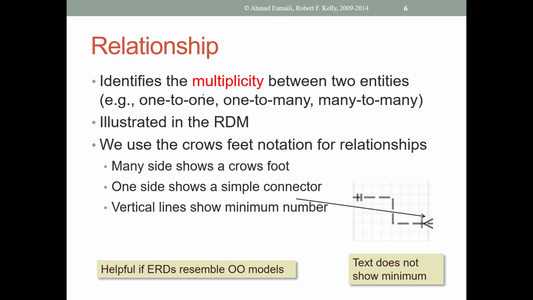Now, as I mentioned, the multiplicity which we are trying to learn between the two entities specifies the relationship between the entity instances, and identifies the multiplicity between two entities. So we can have one to one multiplicity, one to many, or many to many.